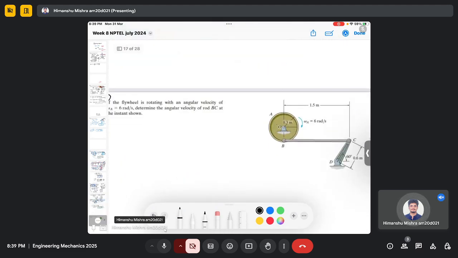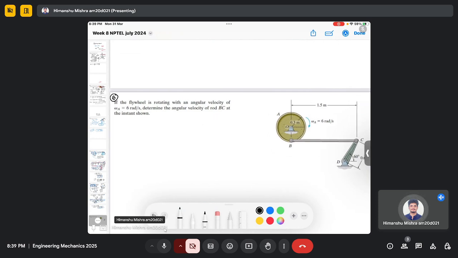So again we will solve a similar problem. Here, if the flywheel is rotating with an angular velocity omega A of 6 rad per second, determine the angular velocity of rod BC at the instant shown.